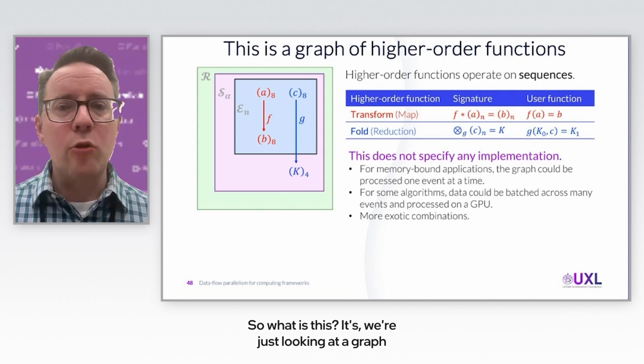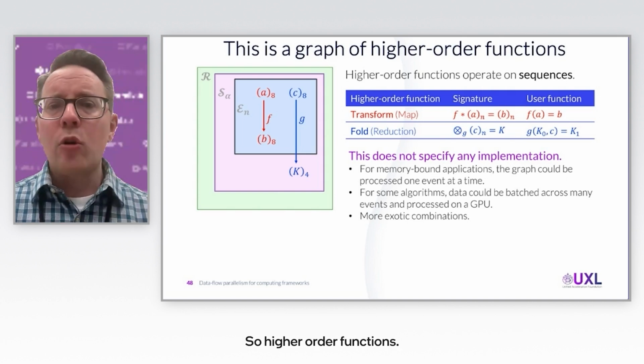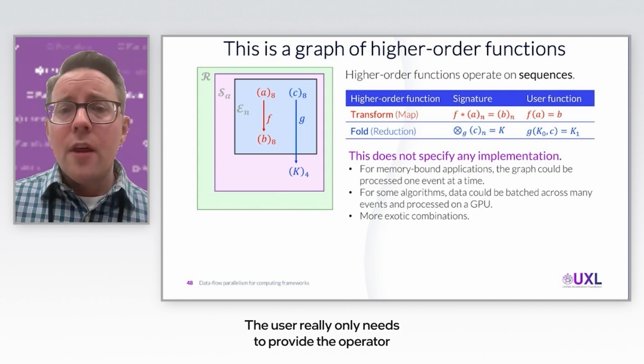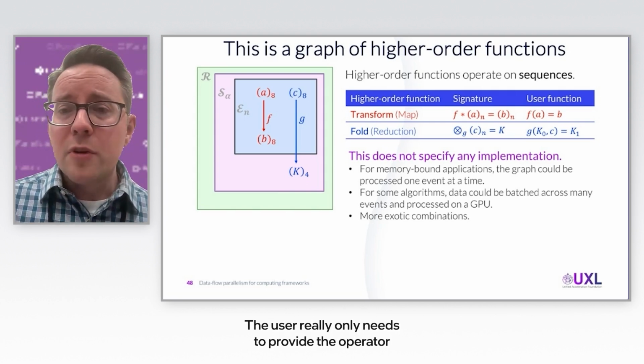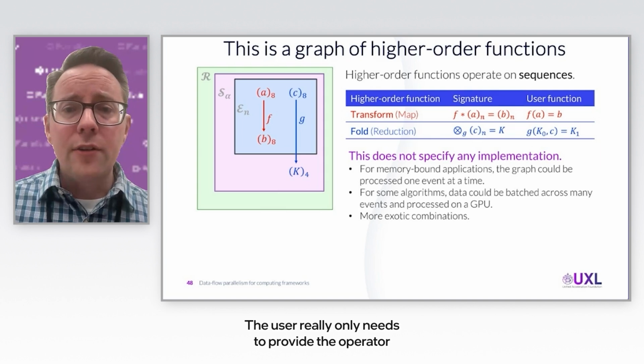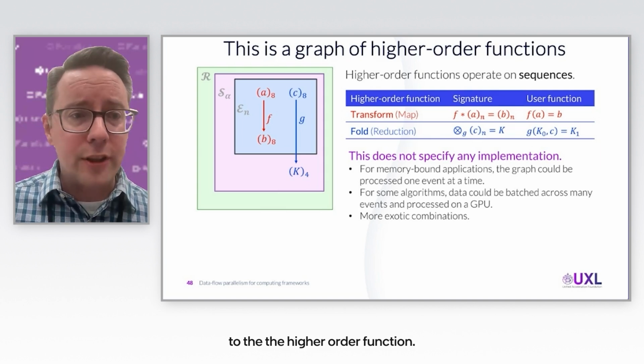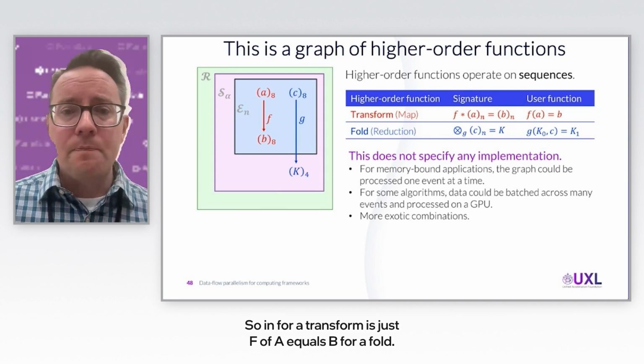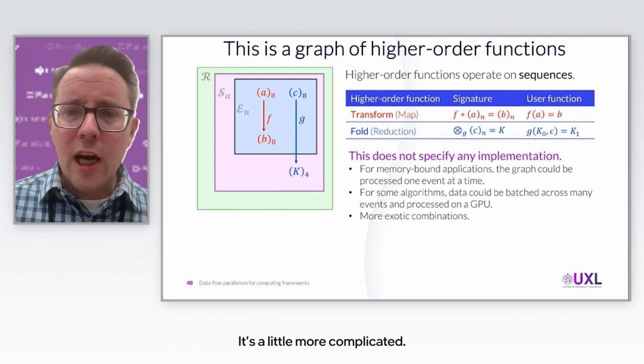So what is this? We're just looking at a graph of higher order functions. In this case, it's transform and it's fold. The user really only needs to provide the operator to the higher order function. For a transform, it's just f of a equals b. For fold, it's a little more complicated.